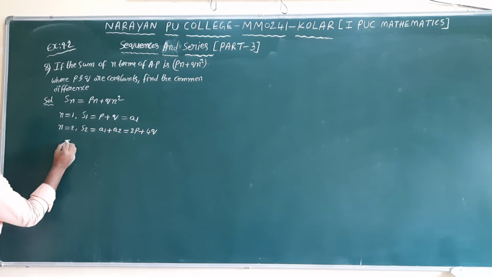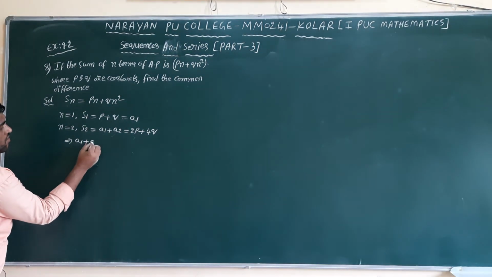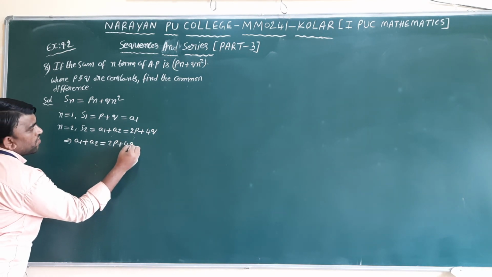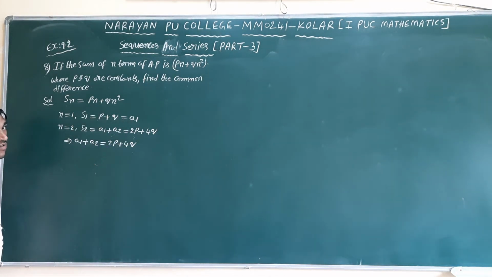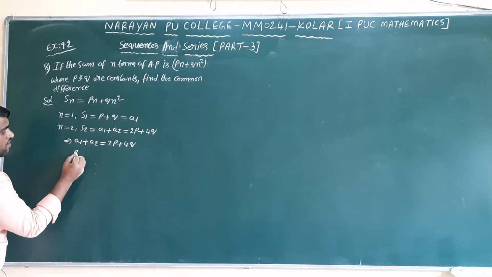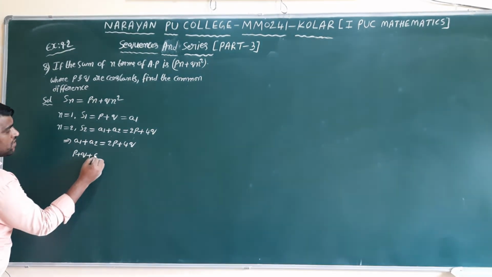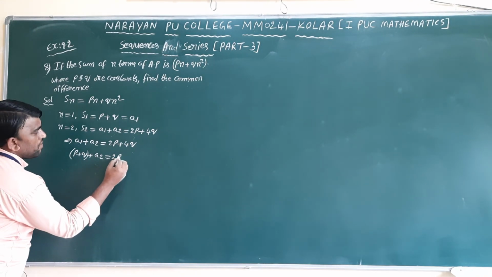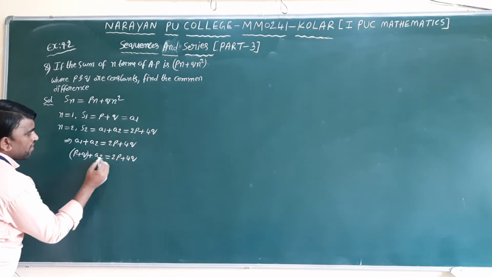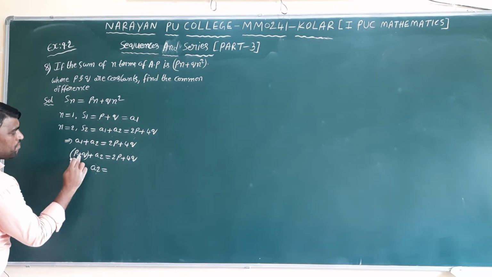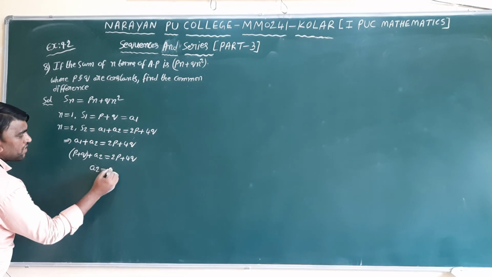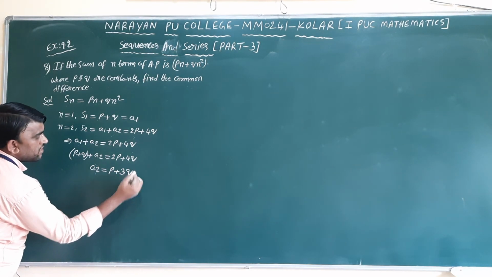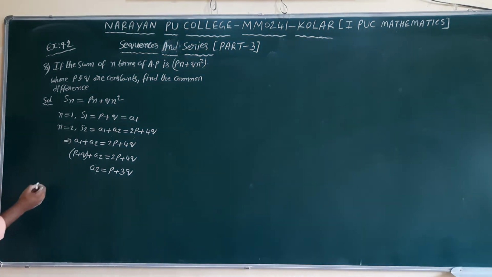So here A1 plus A2 equal to 2P plus 4Q is given, but A1 value we know, P plus Q, plus A2 equal to 2P plus 4Q. From this, A2, send P and Q to the right side: 2P minus P, 4Q minus Q, 3Q, that is the A2 value. A2 we know and A1 we know.